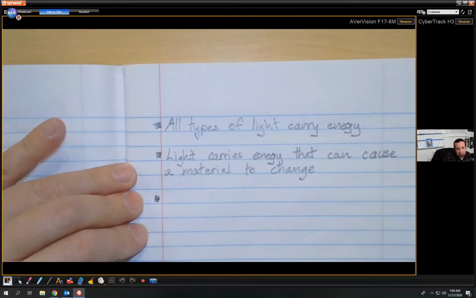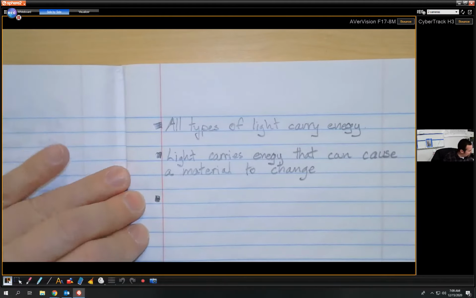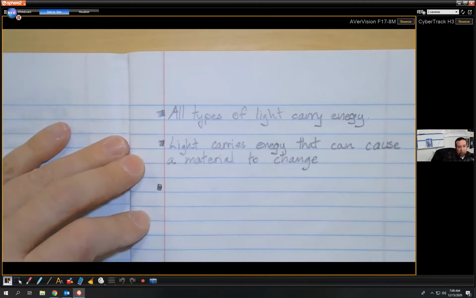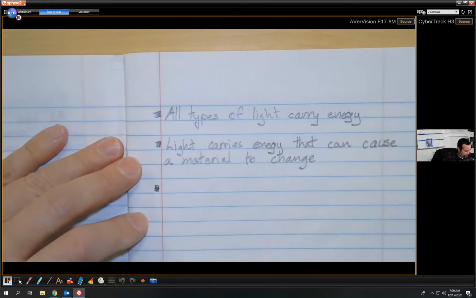Now, for this statement, I'm combining a couple of key concepts together. But in my mind, it just makes it easier because it's all related. And this one is, if a material absorbs light, it also absorbs the energy causing it to change.